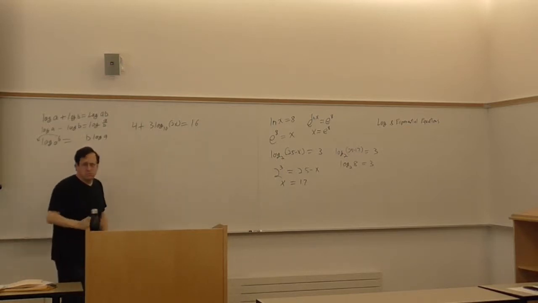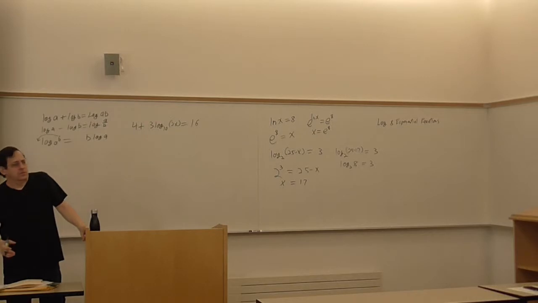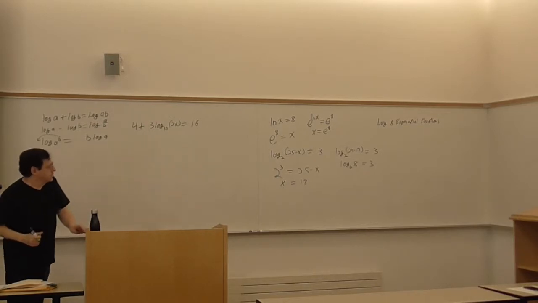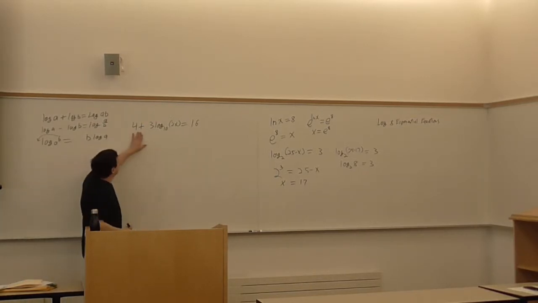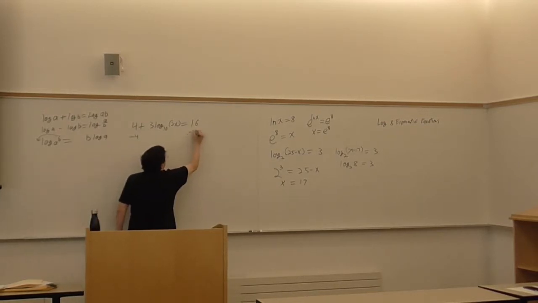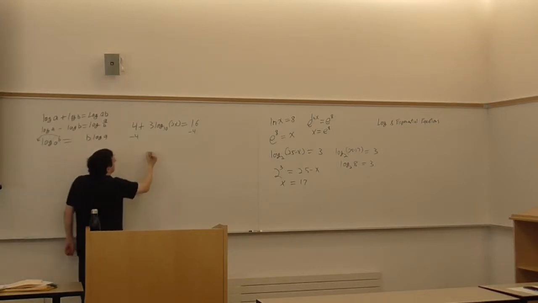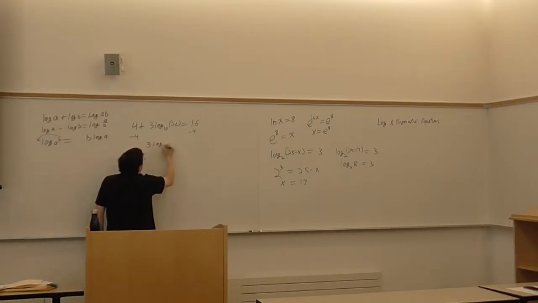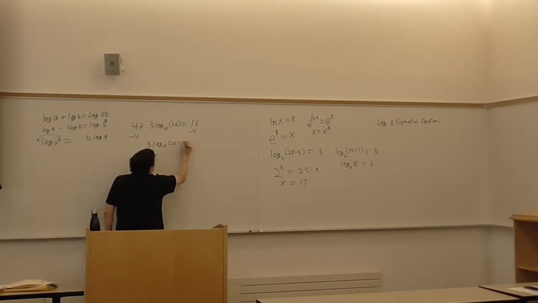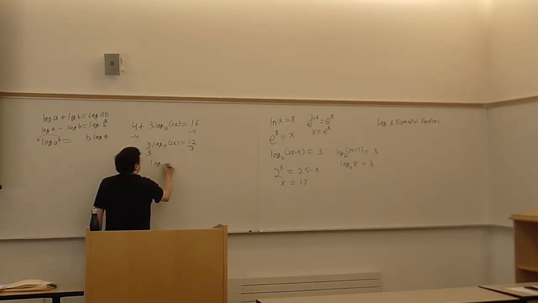Well, remember, don't panic. What do we know how to do here? Clearly, we want to subtract 4 from both sides, as we do with an algebraic equation. 3 log to the base 10 of 2x equals 12. We divide by 3, and we get log to the base 10 of 2x equals 4.